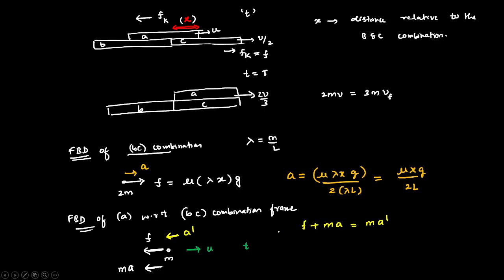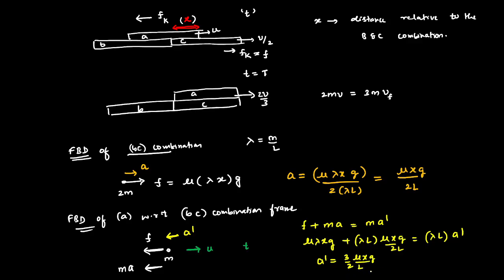So we have mu lambda x g, the frictional force, plus lambda L times the acceleration we got already, mu x g by 2L, equal to lambda L times a dash. So acceleration a dash is 3 by 2 times mu x g by L. This is the acceleration of block A with respect to the BC frame.